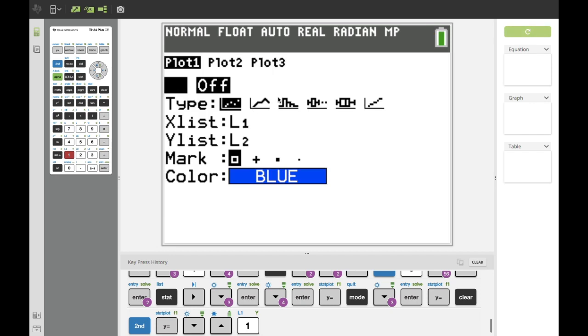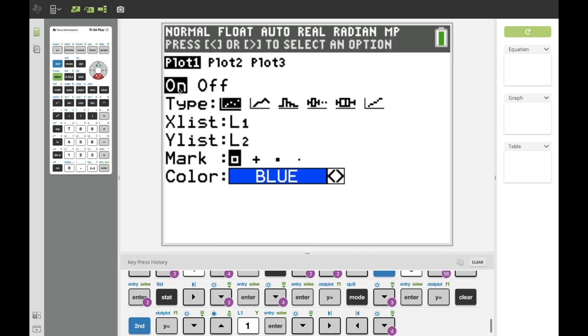Plot one on, and we're going to use the scatter diagram. Then the list is L1 and L2, and the color blue. So that's how to graph the table of values that we have inputted in statistics.